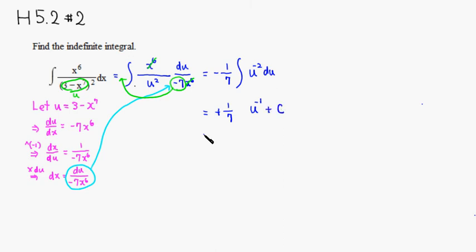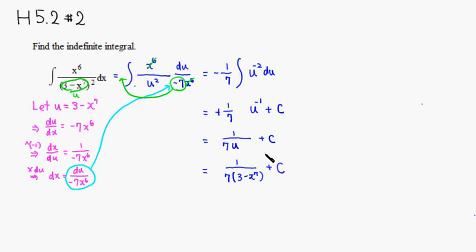So this is equal to 1 over 7 u plus c, which is equal to 1 over 7 times the quantity 3 minus x to the 7th power, plus some constant c.